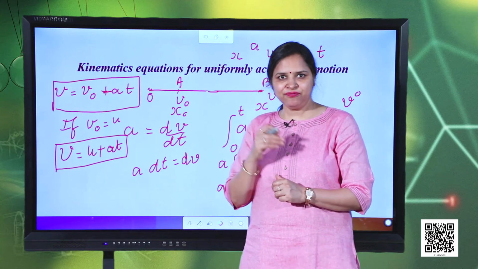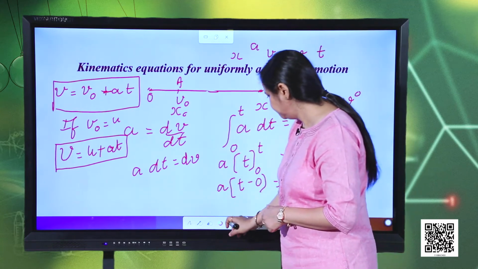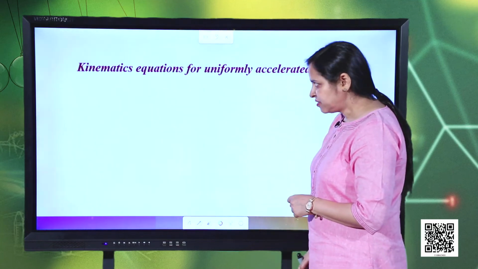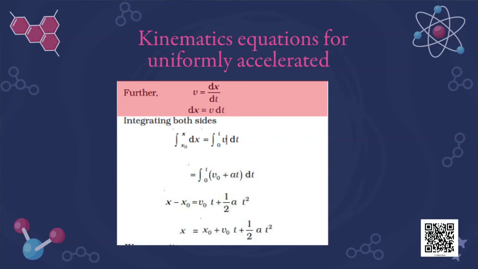Now, proceeding further, for the second equation of motion, we start with the equation of instantaneous velocity. We know that v is equal to dx over dt.